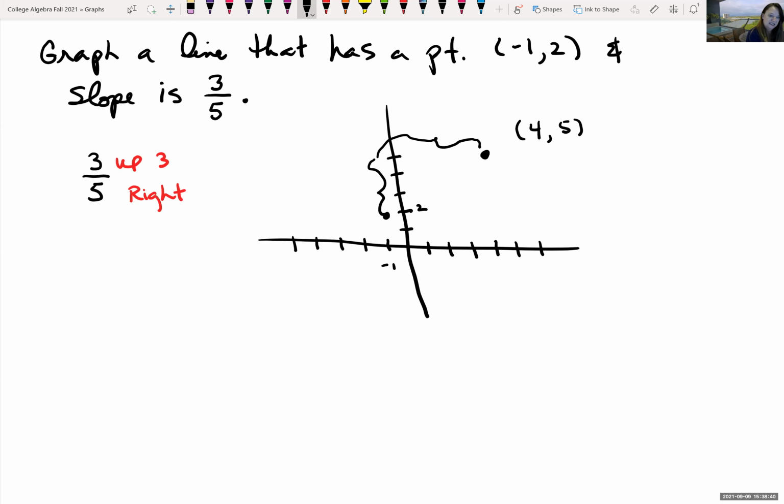We can always change our signs: -3 over -5, because that's still positive 3/5. So from our point, we can think of this as down 3 and 5 to the left.